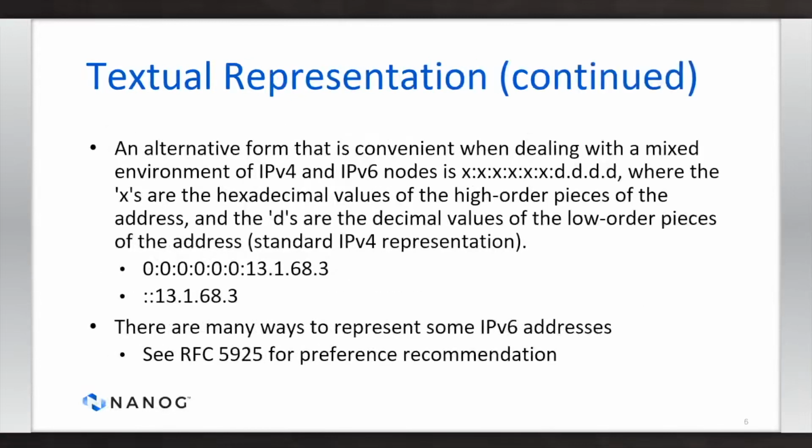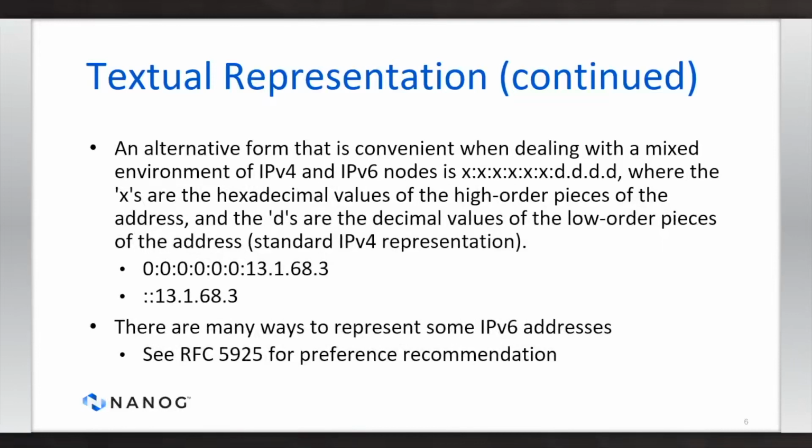There's an alternative form to represent an IPv6 address that's useful when you're embedding IPv4 addresses inside an IPv6 address. If you take a look at the address in the first bullet, X:X:X:X:X:X:D.D.D.D.